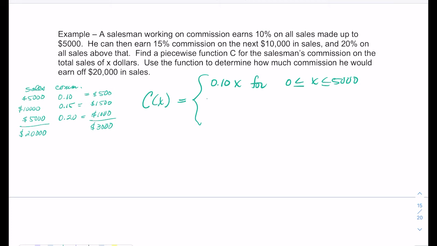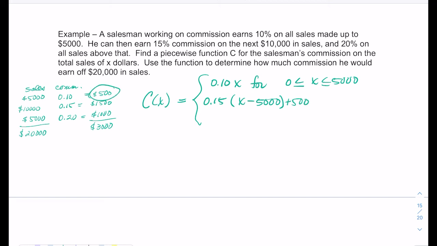So now we've got 15% commission, but we have to remember to take away the $5,000 from the sales. So it's going to be x minus 5,000. Okay, and don't forget, we need to add in this 500.